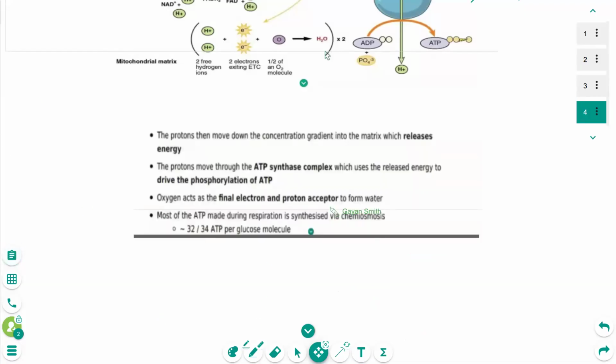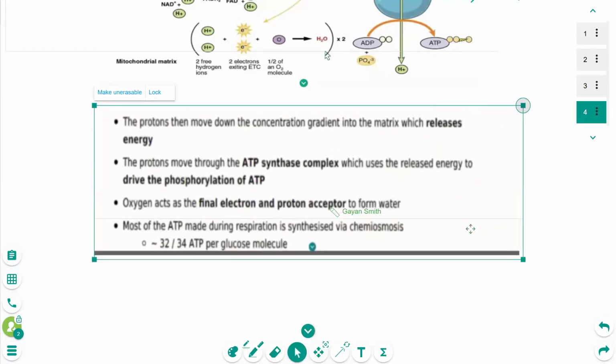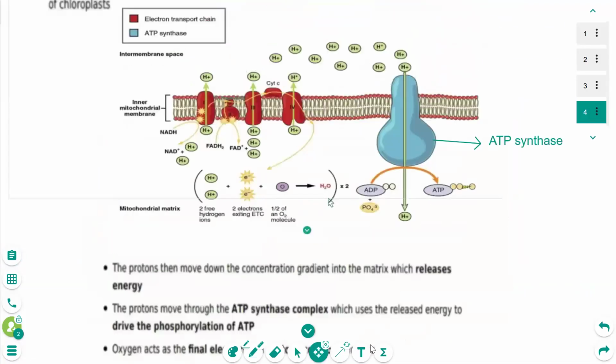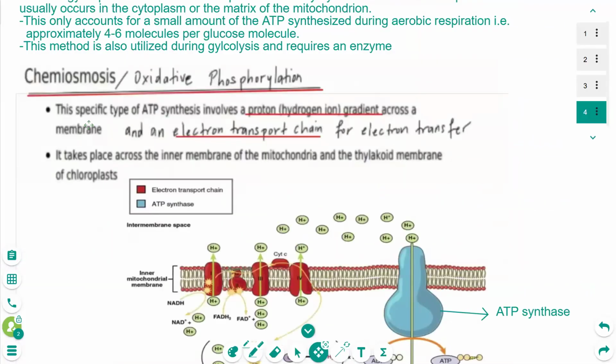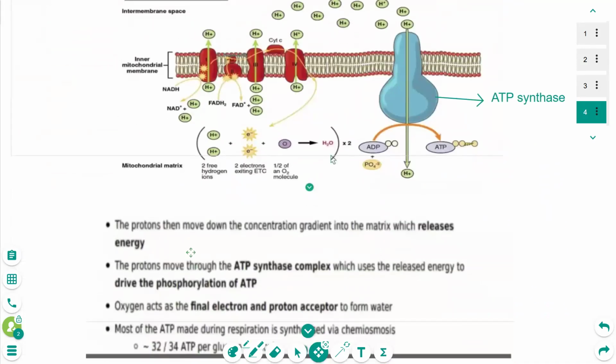All right, so describing the process that we saw in the diagram. The first part says that this specific type of ATP synthesis involves a proton hydrogen ion gradient across a membrane and an electron transport chain for electron transfer. It takes place across the inner membrane of the mitochondria and the thylakoid membrane of the chloroplast.